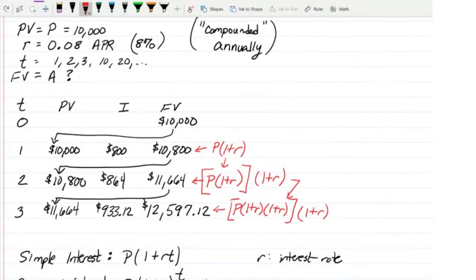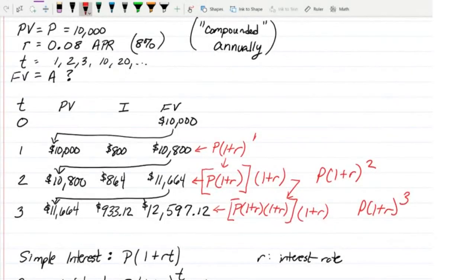Wouldn't this be P times 1 plus R to the first power? Wouldn't this be P times 1 plus R to the second power? There's 2 of them. Wouldn't this be P times 1 plus R to the third power? And it would keep following that pattern all the way down.